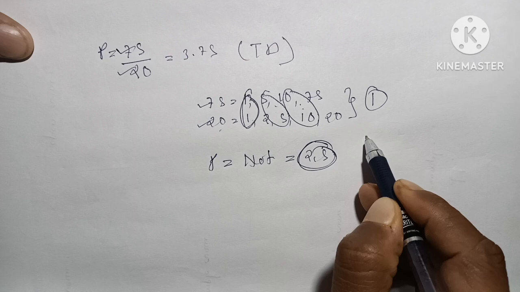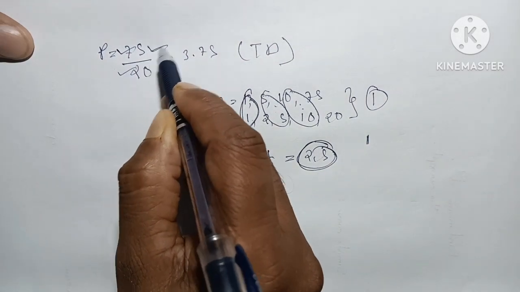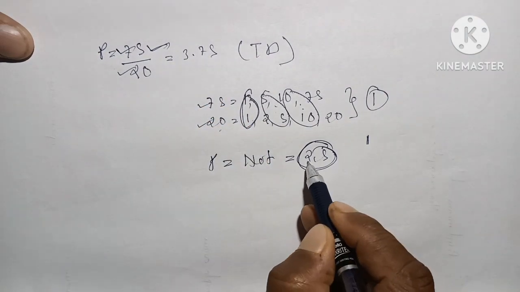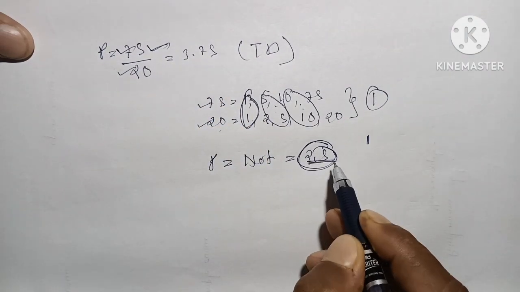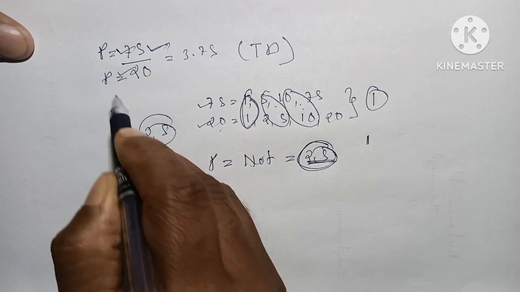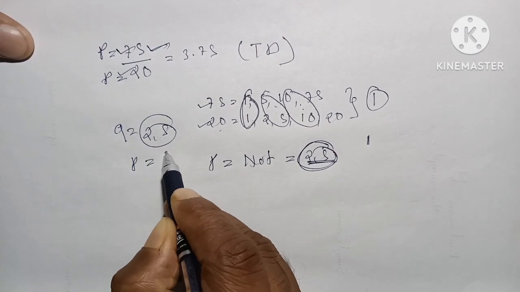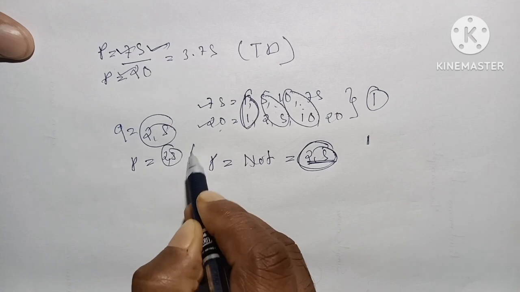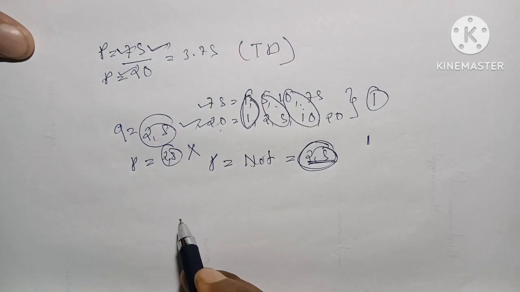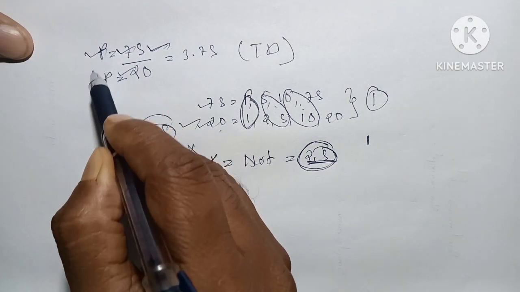Therefore we should consider such a numerator. Q should be a prime factor of 2 and 5, and P should not be. Okay, keep this in mind. Then we should choose such a fraction, fulfill our question's demand, and get the required example.